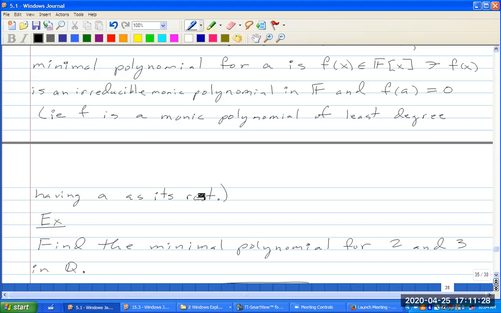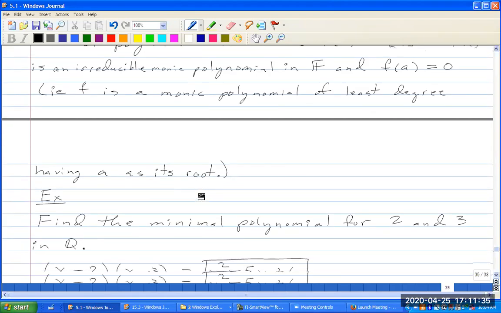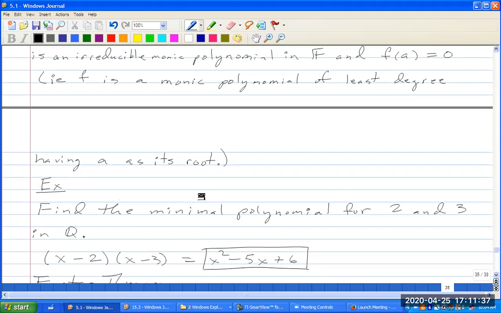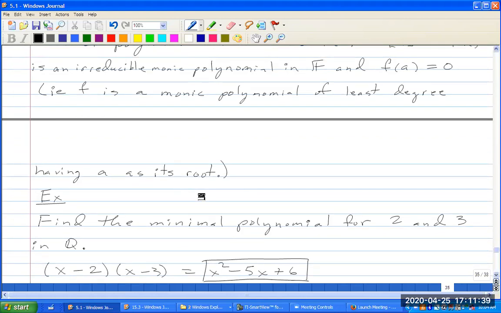Okay, find the minimal polynomial for 2 and 3 in Q. Oh, okay, so actually I just did it here. So if 2 is a root, then a factor of the polynomial would be x minus 2.